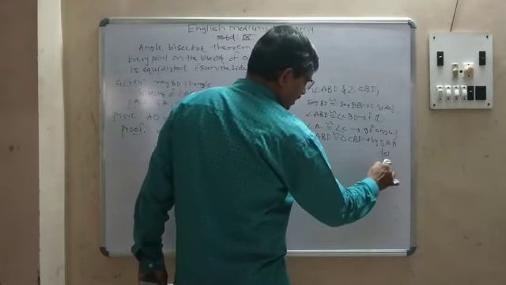And therefore side AD is congruent to side CD, corresponding sides of congruent triangles. Therefore AD is equal to CD.